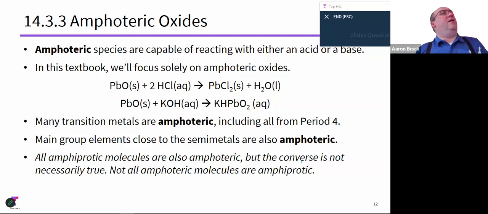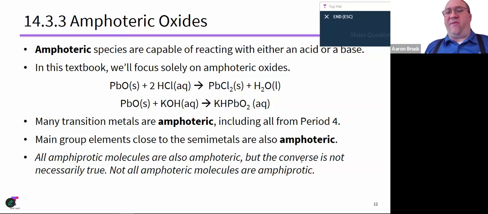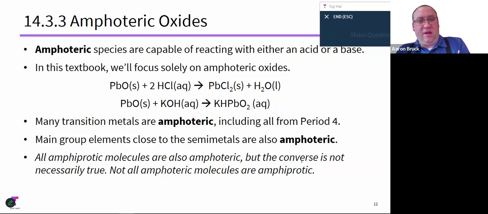So in the book, you'll see that there's a focus on some amphoteric oxides. So for example, lead 2 oxide is capable of reacting with hydrochloric acid. The results are lead 2 chloride and water.